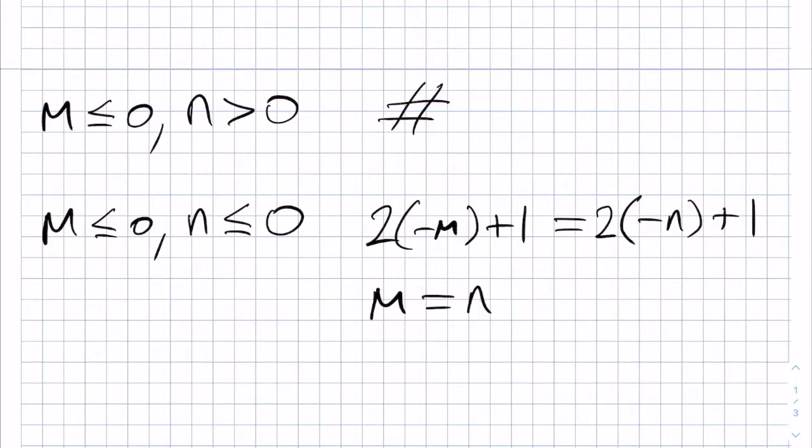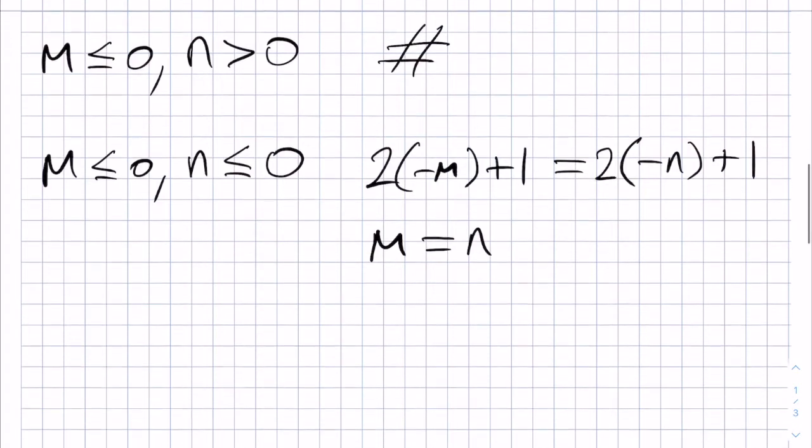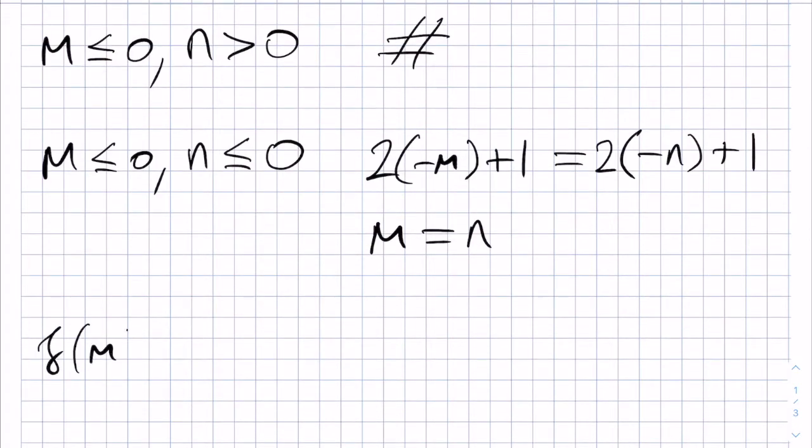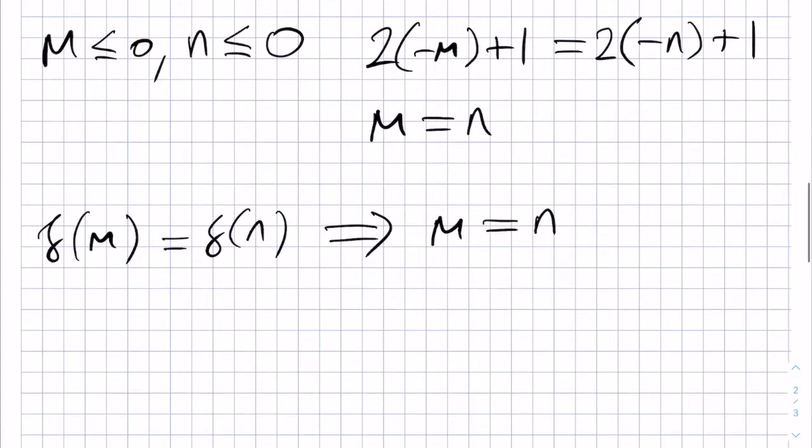And so in the cases that don't give us contradictions, we have f of m being equal to f of n implies that m equals n, and therefore we have injectivity.